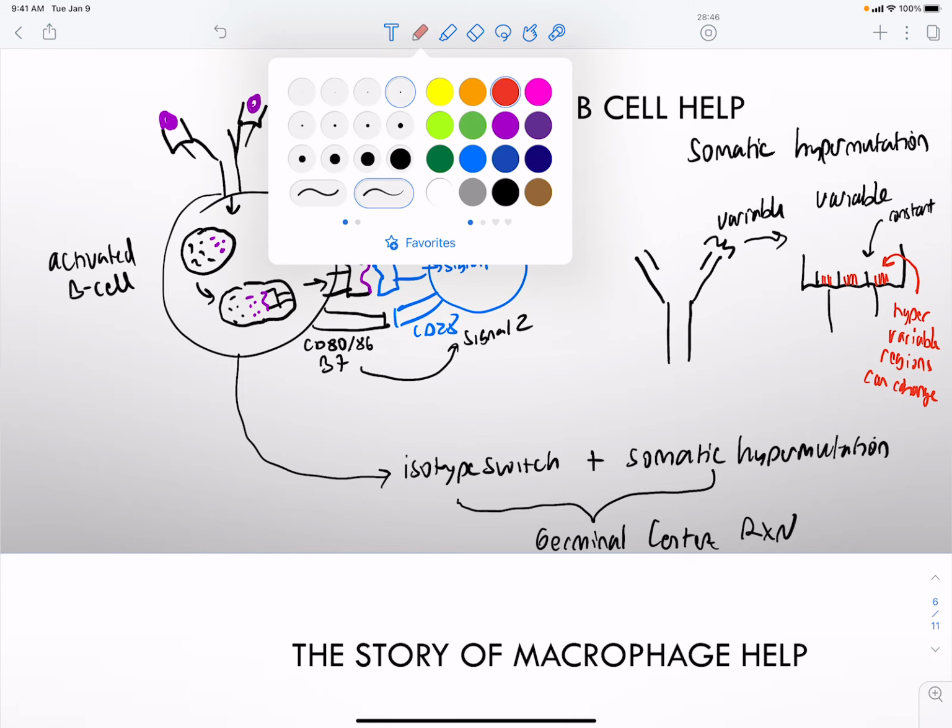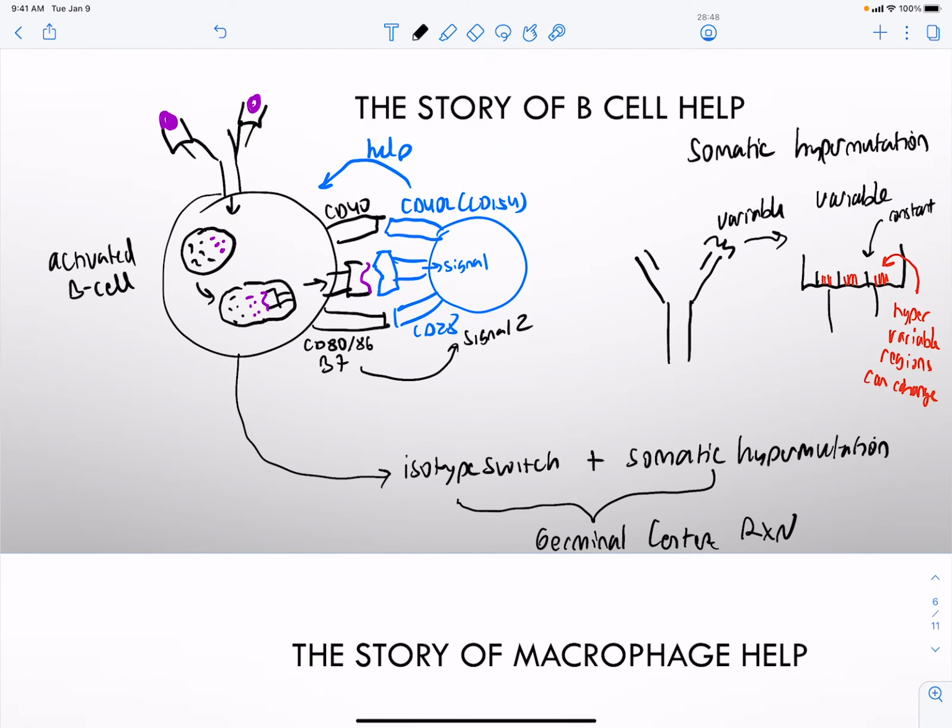So I've shown this before, but just really quickly, this is pre-somatic hypermutation. You have an antigen binding site that looks like this, and your antigen might look like, say, it looks like this. Here's your antigen.